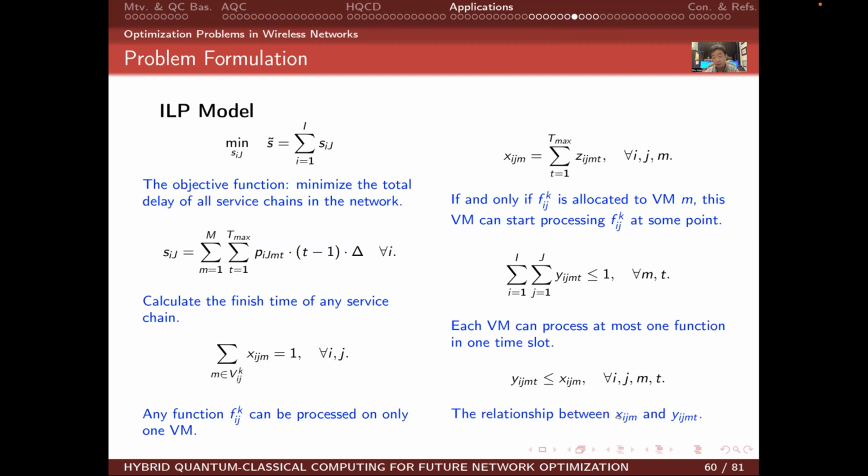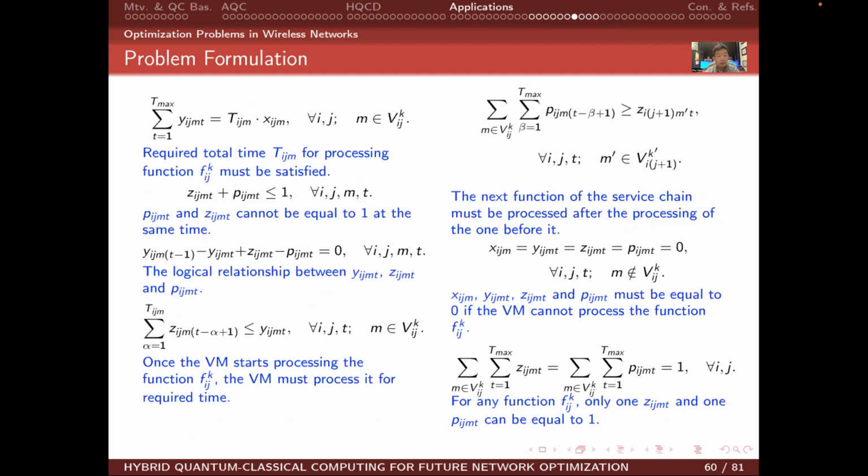The relationship between these different X and Y is also constrained, and the required total T for processing the function must satisfy those constraints.